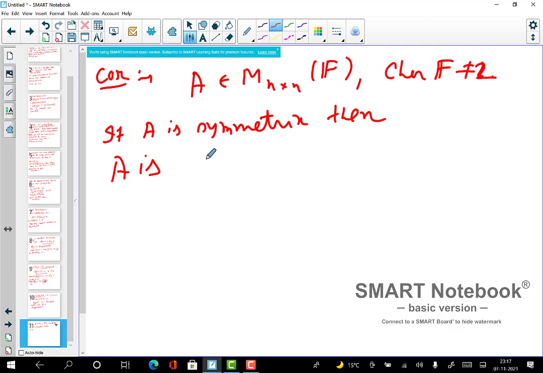That means A is congruent to a diagonal matrix.